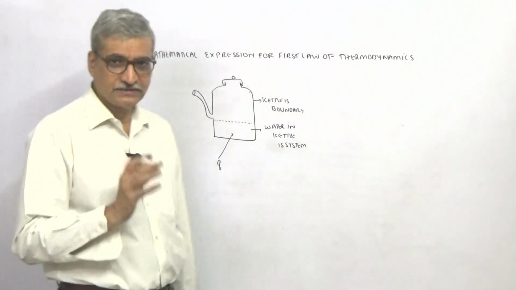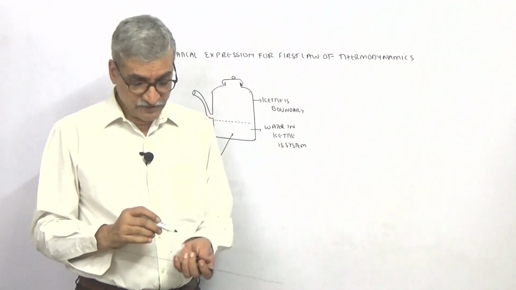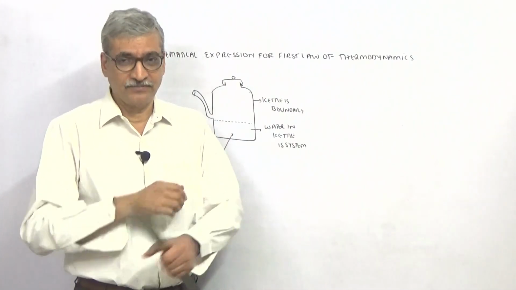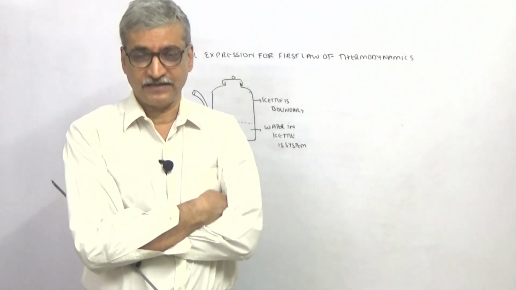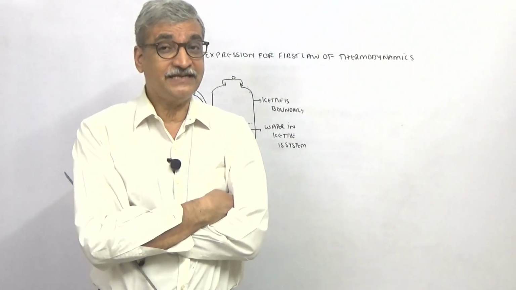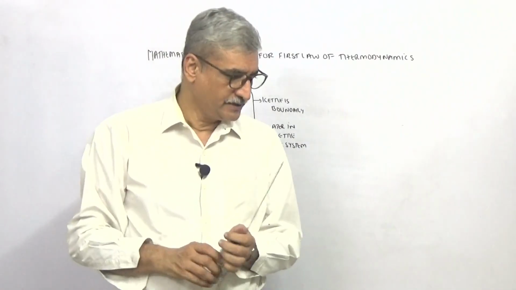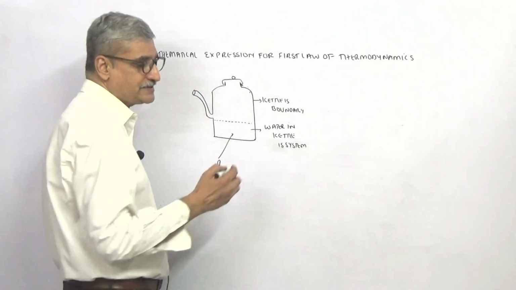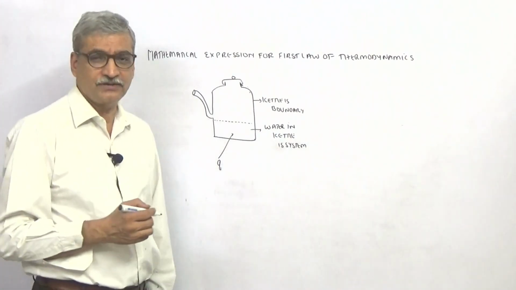See, what happens is that the water in the kettle had some energy which we call heat capacity. If you remember, in your earlier study, heat capacity and specific heat. I told you also, specific heat is an intensive property, heat capacity is an extensive property. So what was the heat capacity? m c theta, mass into specific heat into temperature.